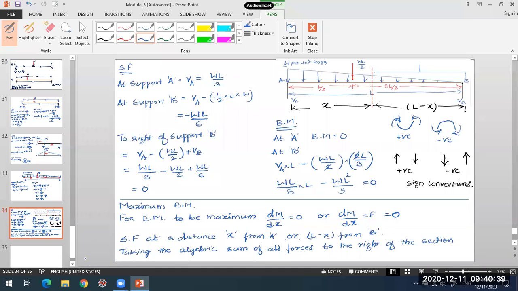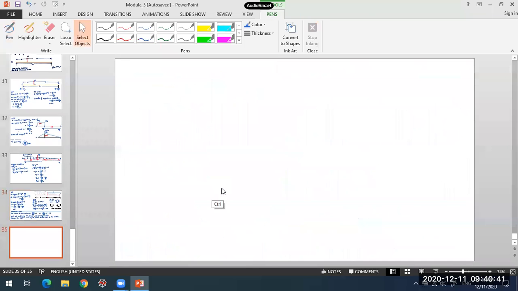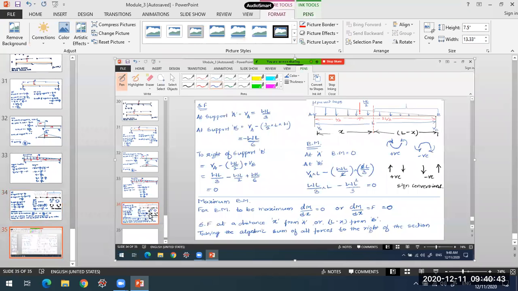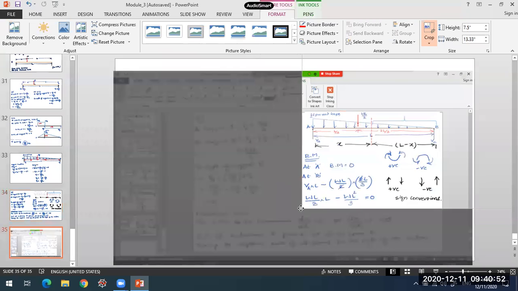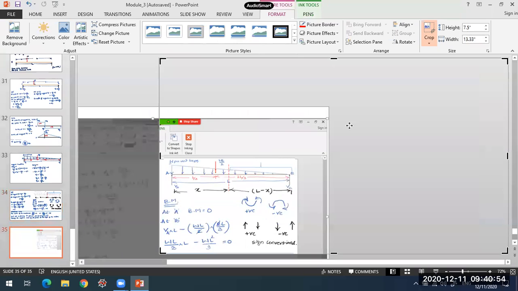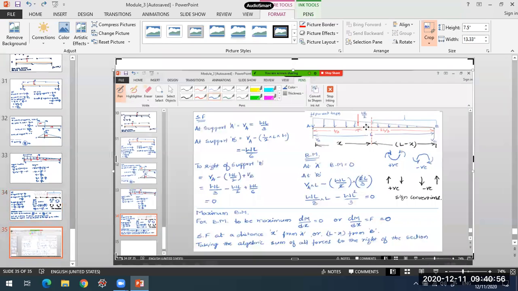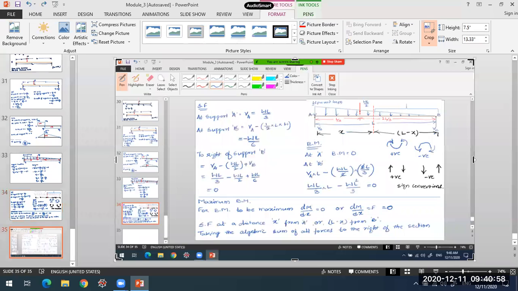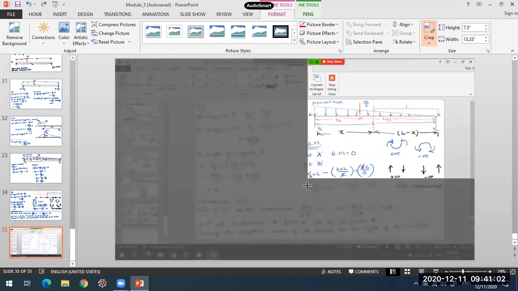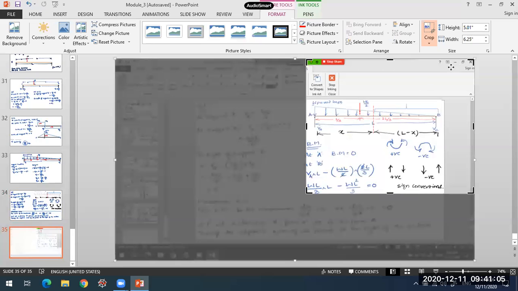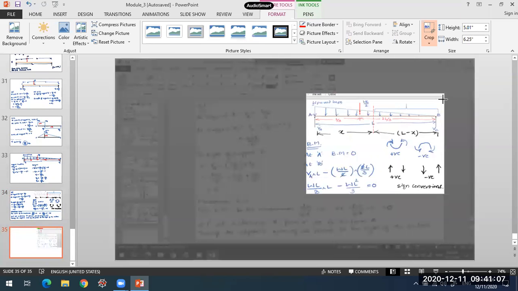So in that case, I want this beam diagram for me, so I'll keep it over here.